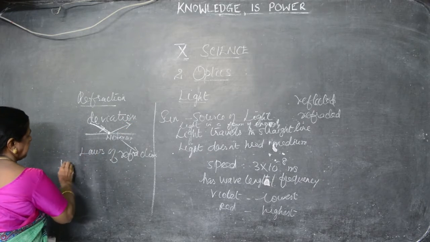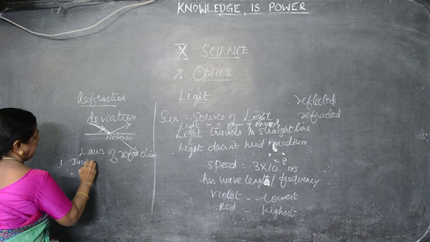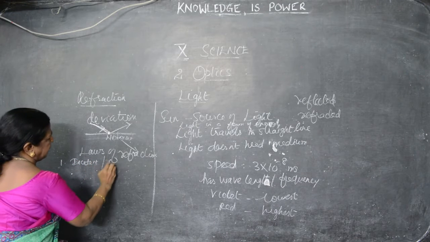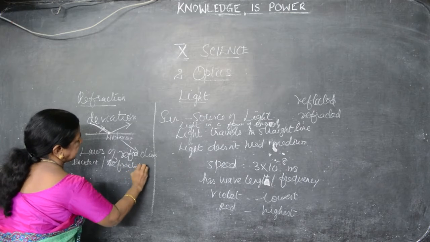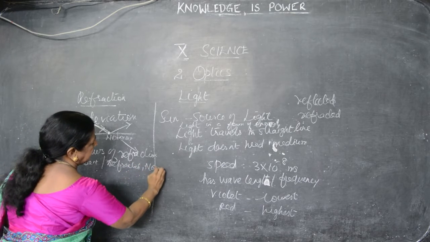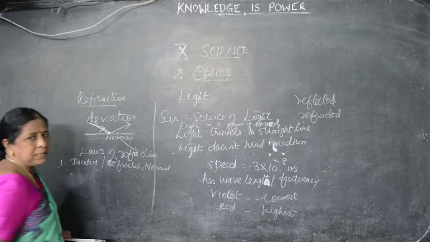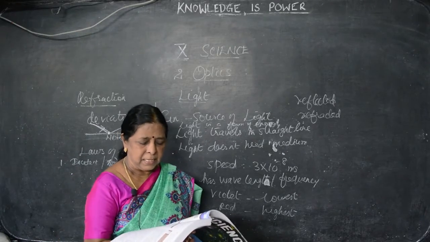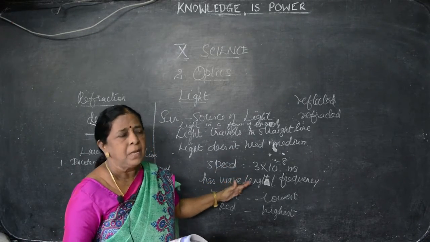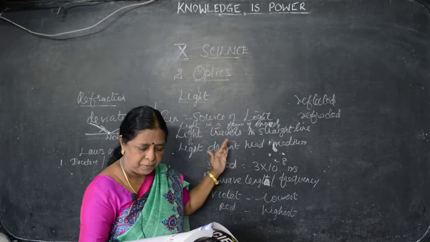First law is incident ray, refracted ray, and this is the normal, the point where the light travels. All lie in the same plane. That is the first law. And the second law is the ratio of the sine of the angle of incidence to the sine of the angle of refraction.